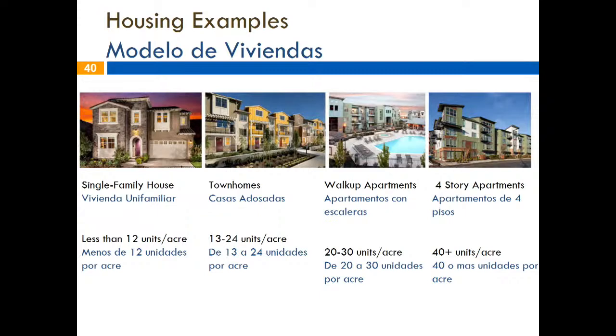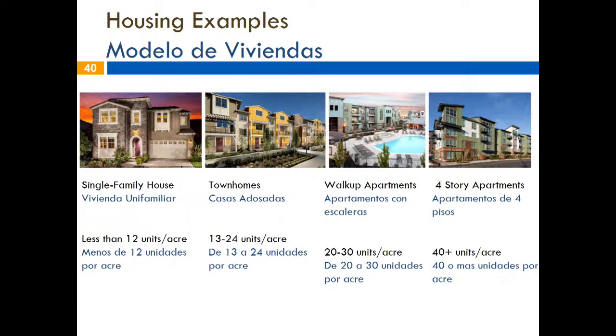One thing to note when we talk about rezones in the context of the housing element is that in order to meet the state's requirements for affordable housing, all of the sites that do end up being rezoned or upzoned in the context of the housing element must allow at least 20 housing units per acre.